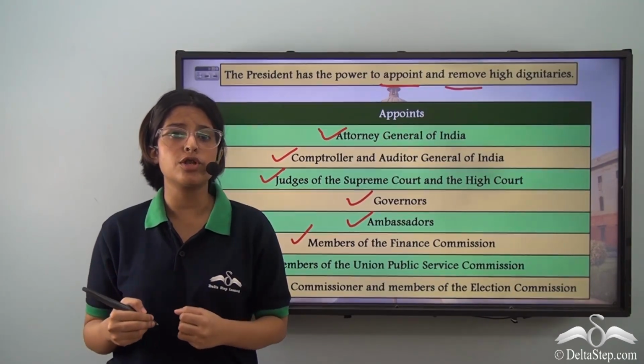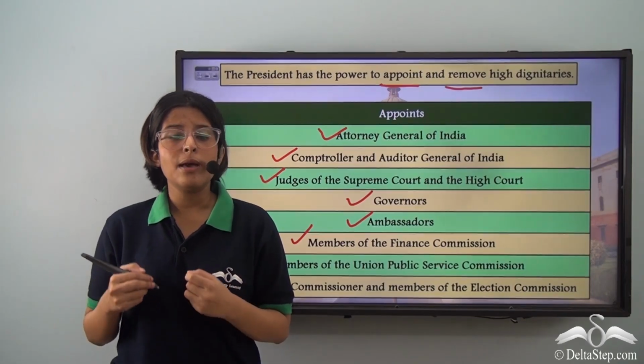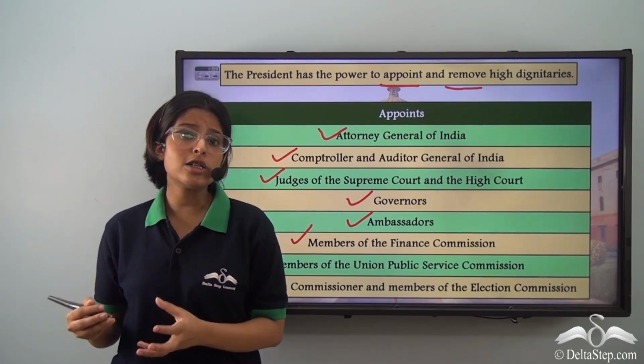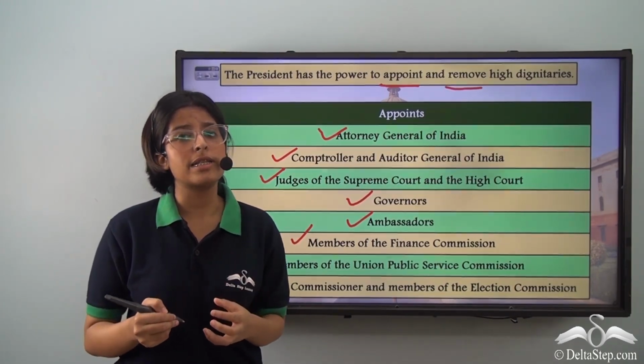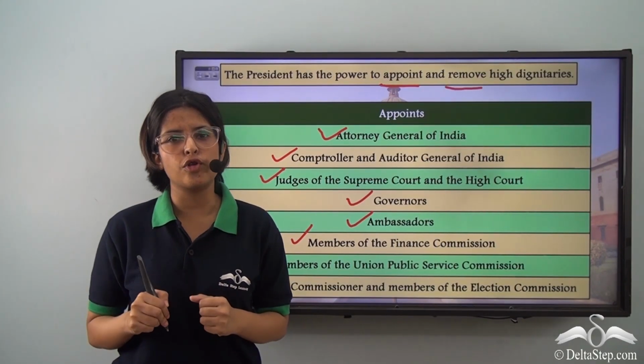The Election Commissioner should be someone who is unbiased and neutral because he is in charge of the entire election process. So the leader of the majority advising the President to appoint the Chief Election Commissioner is a little controversial.